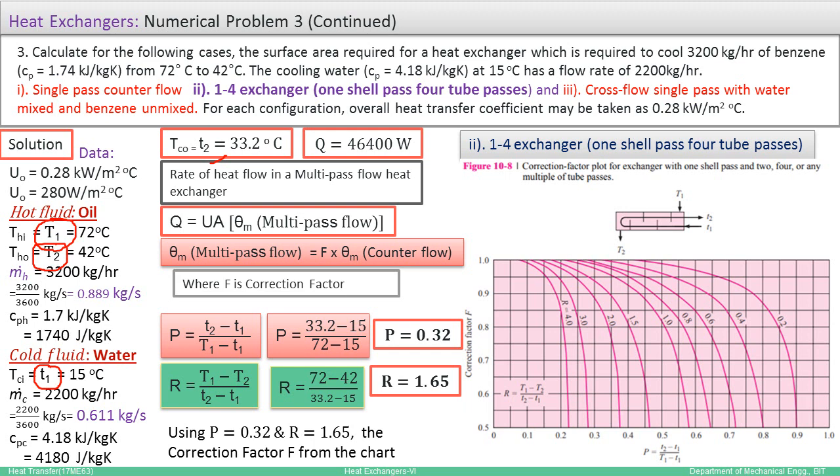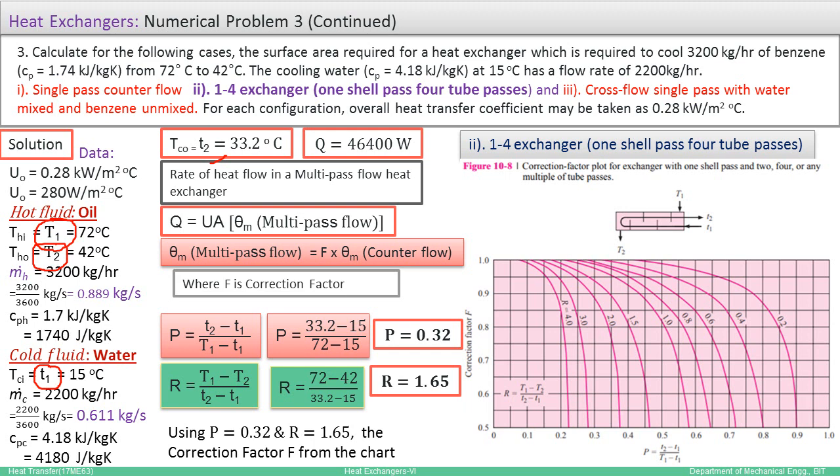Similarly, R is given by capital T1 minus T2, divided by small t2 minus small t1, and substituting those values, we have R is equal to 1.65. So we'll have to make use of these P and R values in the graph for one shell pass, 4 tube pass heat exchanger to find out the value of the correction factor.